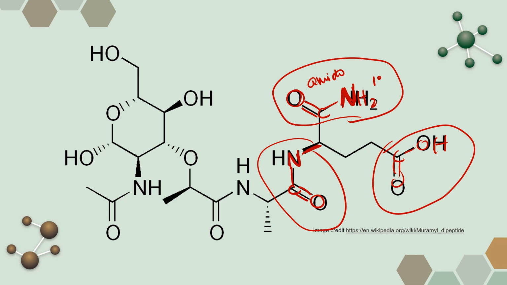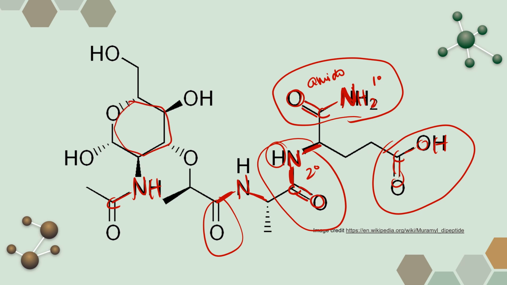This nitrogen is bound to one carbon, two carbons, and one hydrogen. Two carbons on that nitrogen makes it a secondary amido group. How about this one, nitrogen? Amino or amido? Oh yeah, there's another double bonded oxygen. It's another amido, and it is once again secondary. What about this one, nitrogen? Oh yeah, once again, amido.